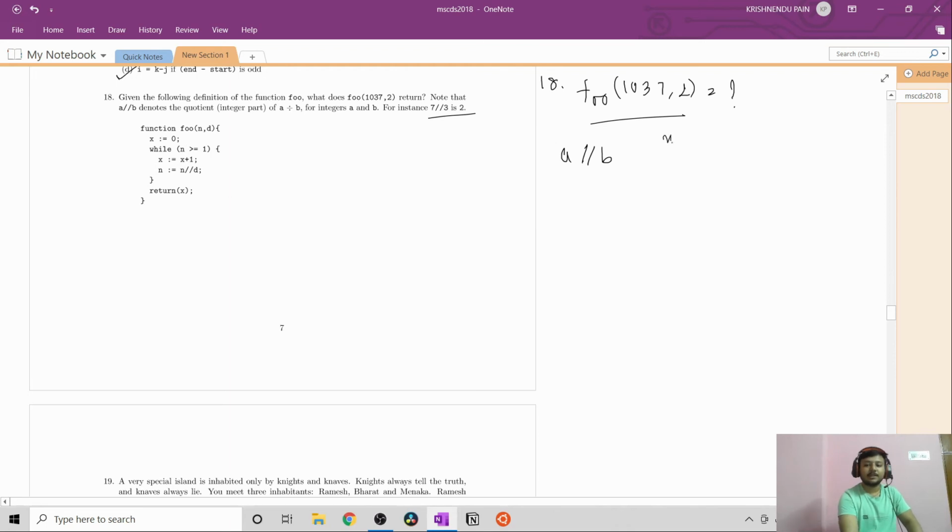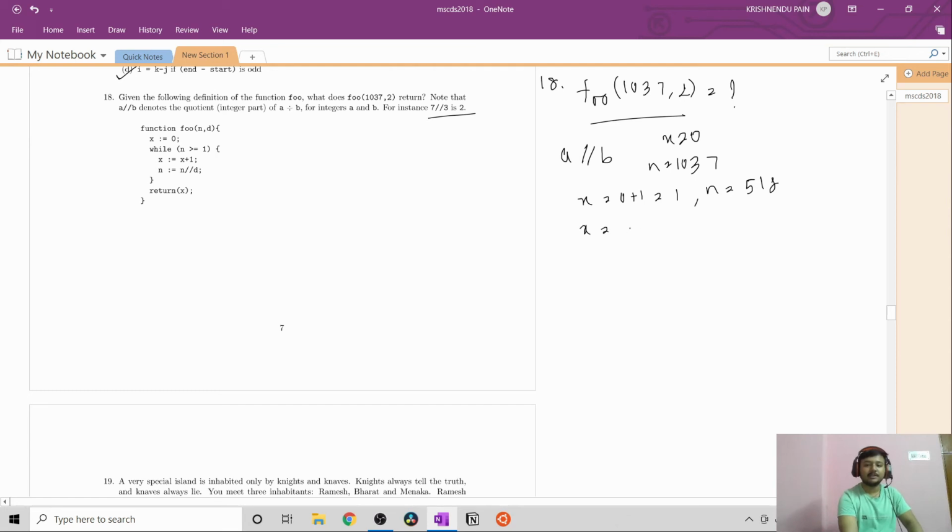Okay, so first x equal to 0 and n value is first 1037. n value is greater than or equal to 1 for the first case. Then x value is equal to 0 plus 1 and n value is 1037 quotient 2, which implies 518. Next, n value is 518, which is greater than or equal to 1.